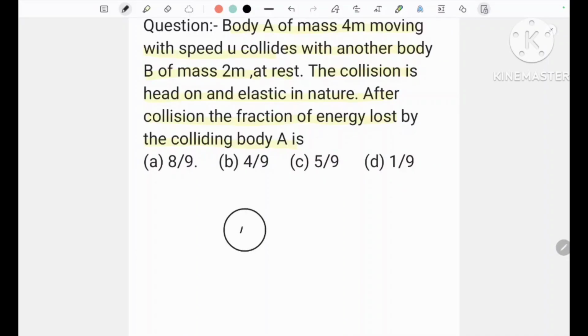Body A has mass 4m and initial velocity u. This collides with another block B of mass 2m, and its initial speed is 0.